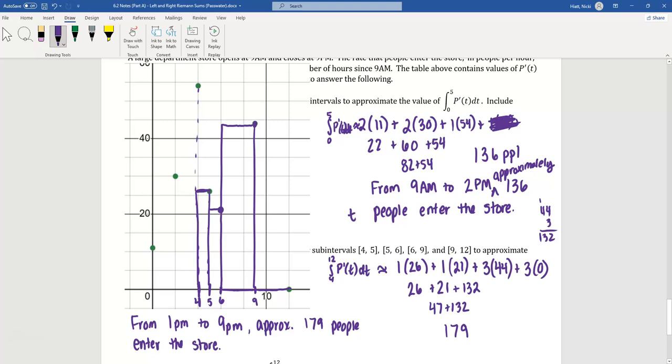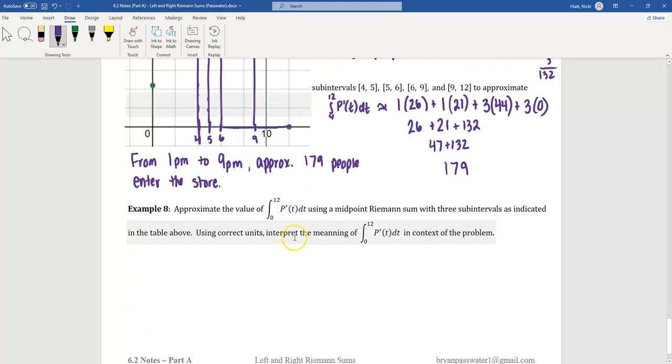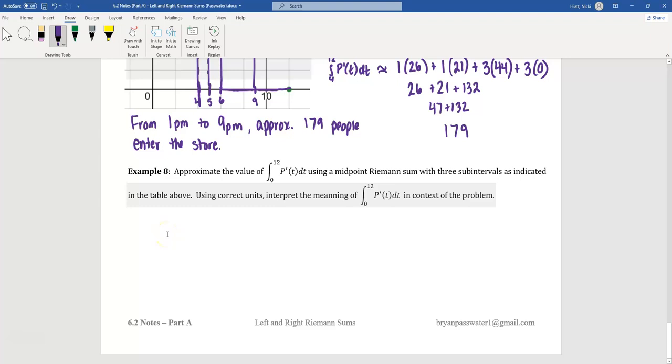Okay, questions? Okay, let's look at the last part on this example 8. It says approximate from 0 to 12 using a, oh, I didn't realize I put this on these notes.